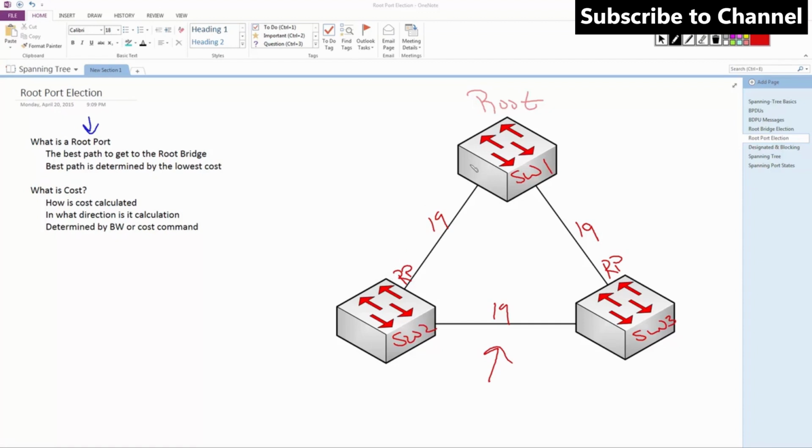And each switch that's not a root bridge, a non-root bridge switch, will only have one root port per switch. One root port per switch. We only need one way to get to that root bridge. If this link fails, guess what? Spanning Tree is going to recalculate and find himself another root port.